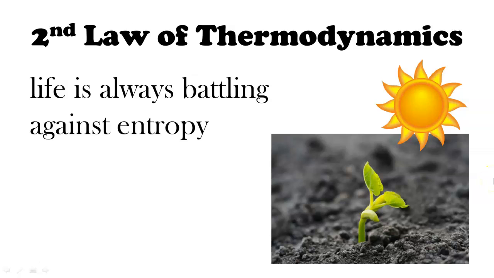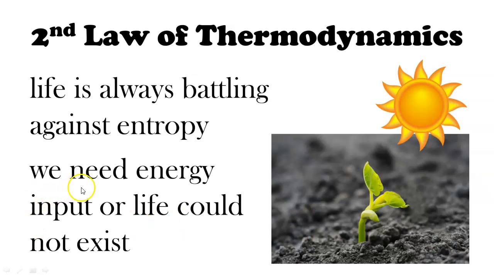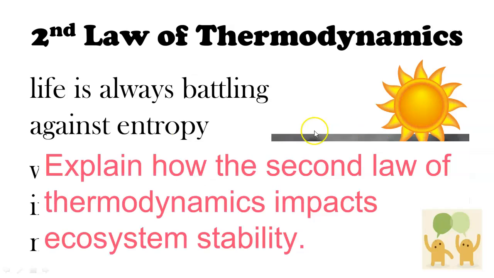And the only way that life can be sustained over long periods of time is with a constant input of energy to replenish the energy that's lost throughout a food web or a food chain. For example, here we have the sun and we have the autotroph here. It's only with this constant replenishment that life can even exist in the first place. So at this point, hopefully we would be able to explain how the second law of thermodynamics impacts ecosystem stability.